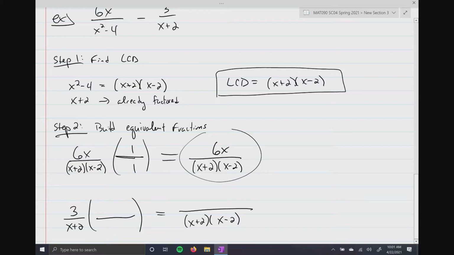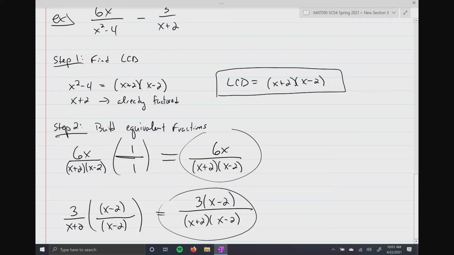Any idea? X minus 2. Good. So, in the top, this is going to be x minus 2, and in the bottom, it's going to be x minus 2. So, my numerator, I'm just going to write 3 times x minus 2. Are there any questions so far?